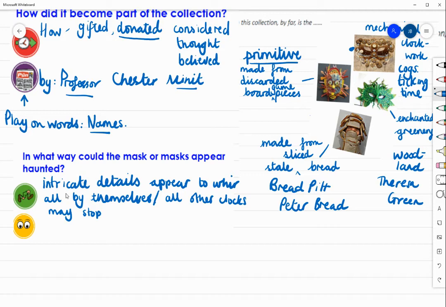I may need to describe my mask a bit. So here's my little noticing. I've already got an idea that I'm going to use the word intricate. Golden, ornate.